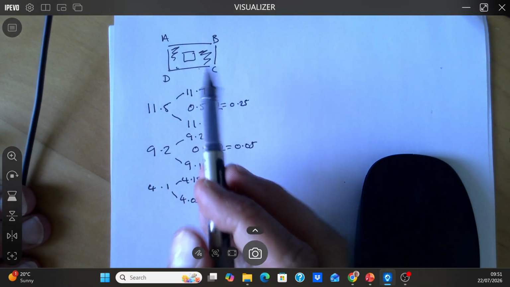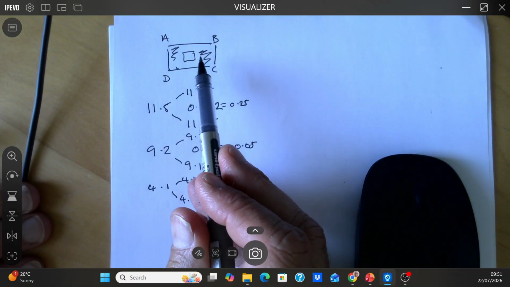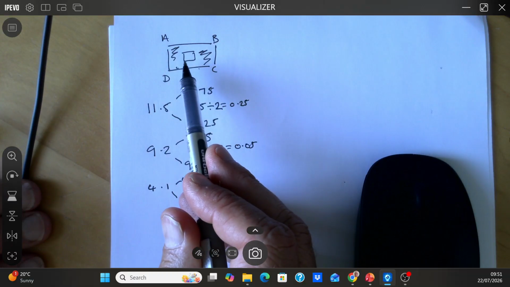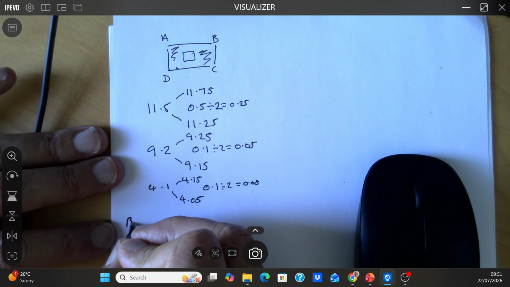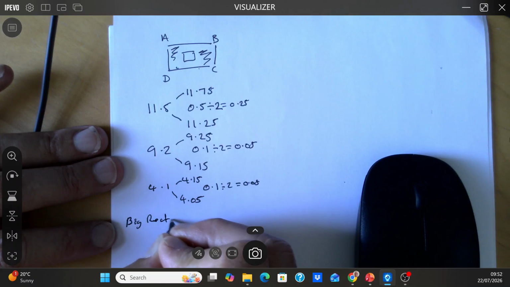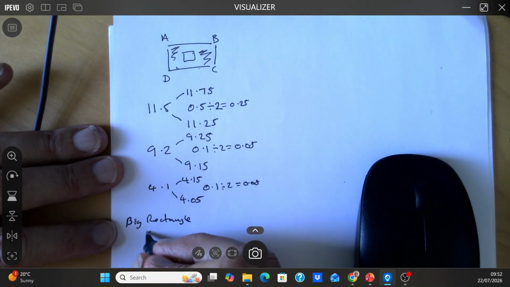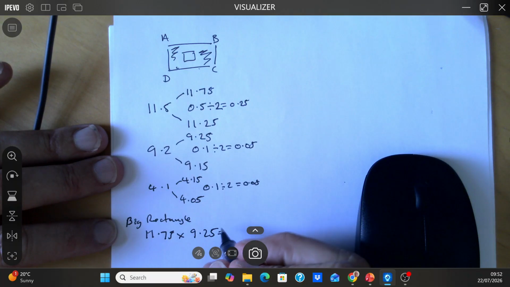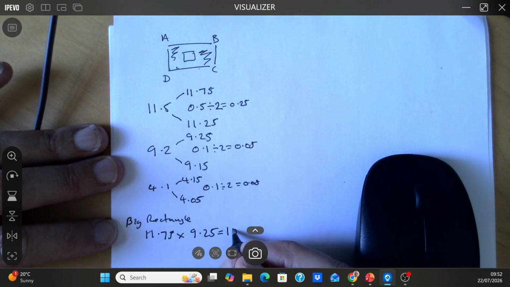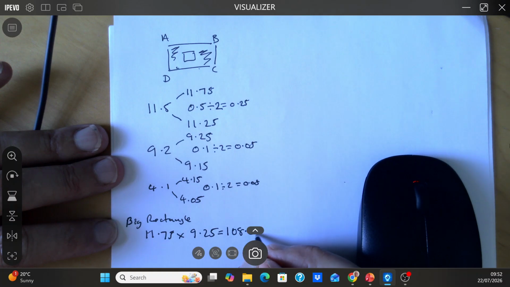Right, we want the biggest area that's shaded, so that will be the biggest rectangle, take away the smallest square. So the biggest rectangle area will be 11.75 times 9.25, and when we do that on a calculator, it gives us 108.6875.